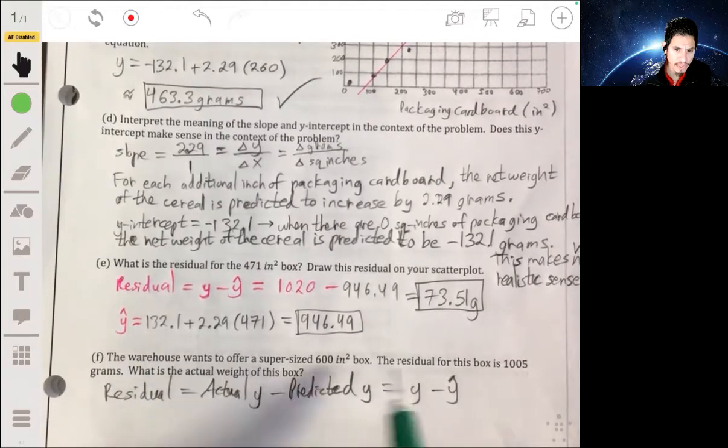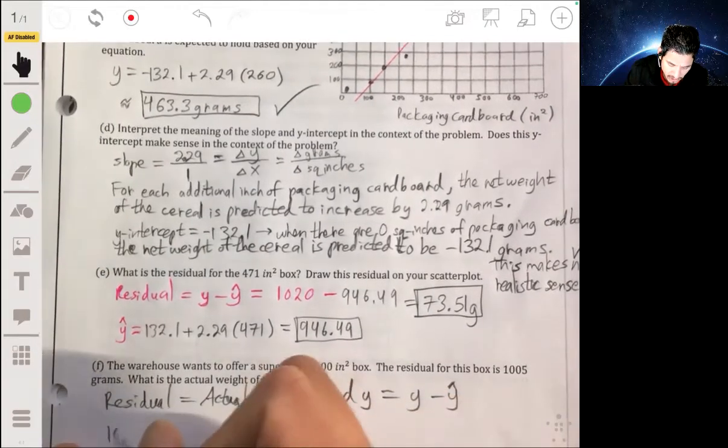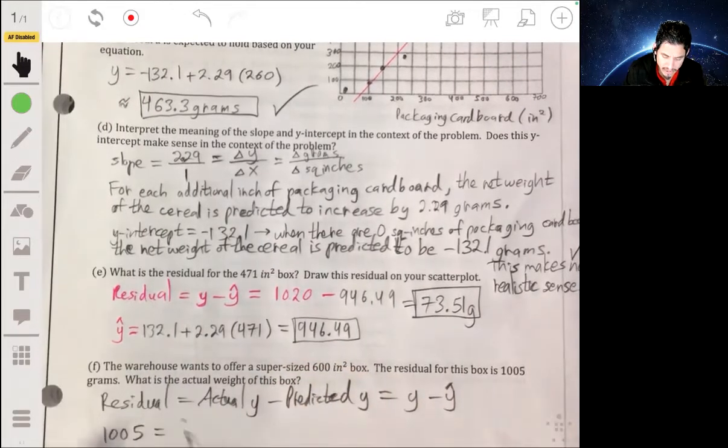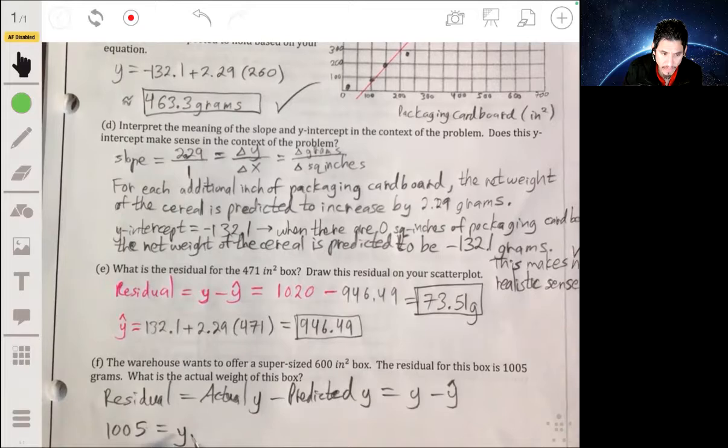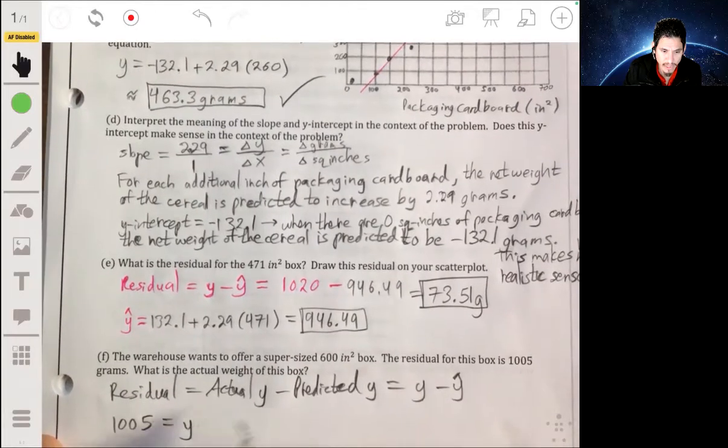So we know the residual. We're given that the residual is 1,005, so the left side is that. The y is what we're trying to figure out, the actual y.